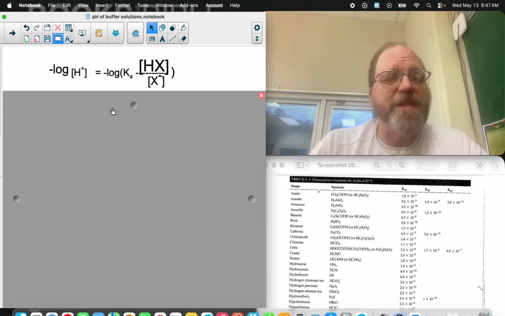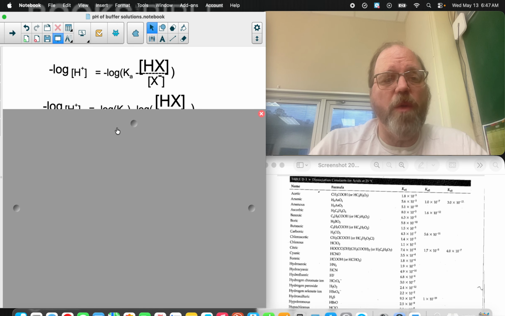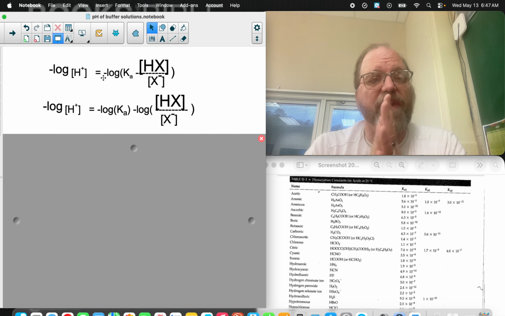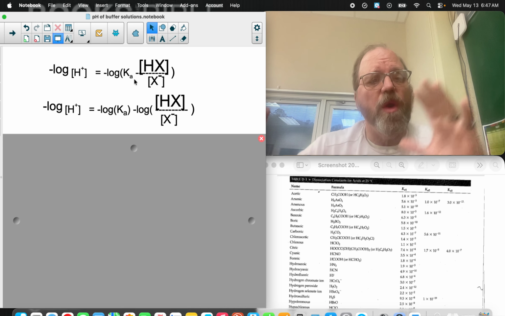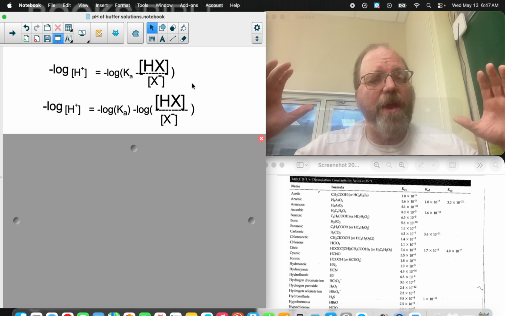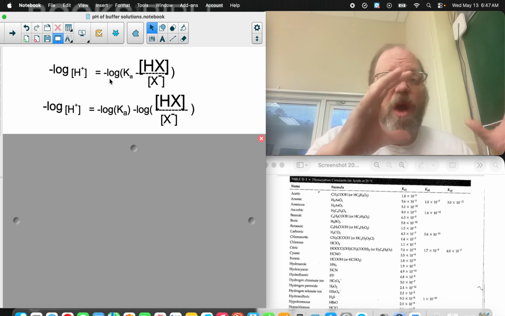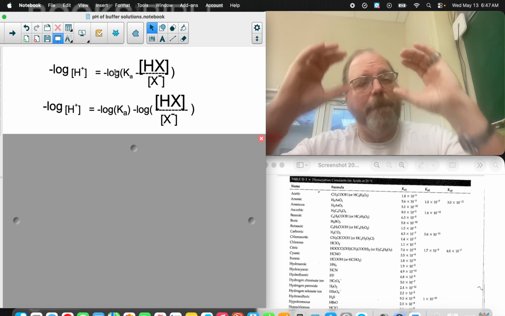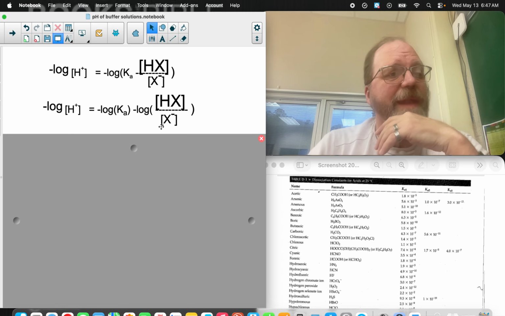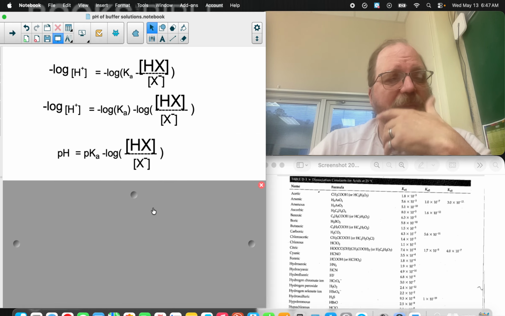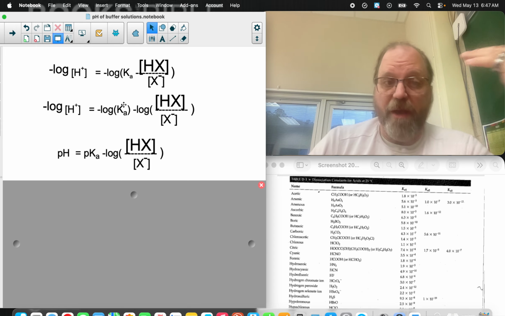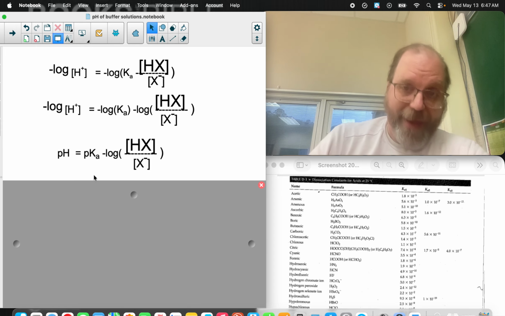Now, when we are multiplying through, we can separate our terms. So we have a log of Ka, and we take a log out of each of those, so log of Ka minus a log of the anion. If we take the negative log of hydrogen ion, that's pH. The negative log of the Ka is something called pKa.